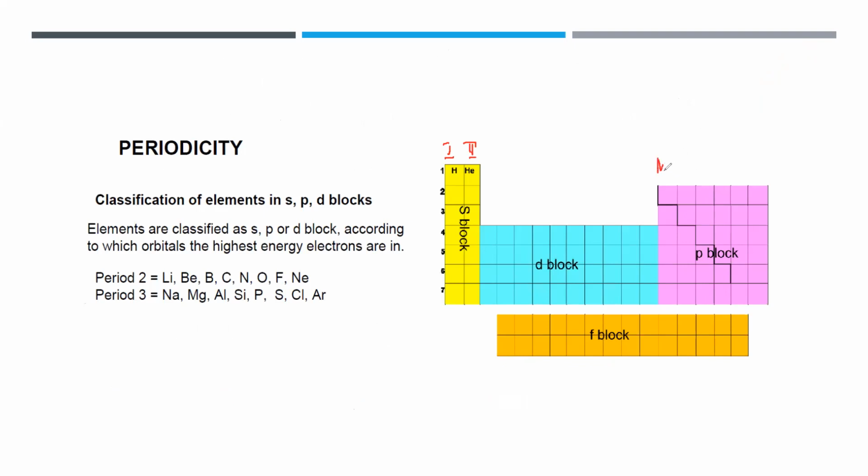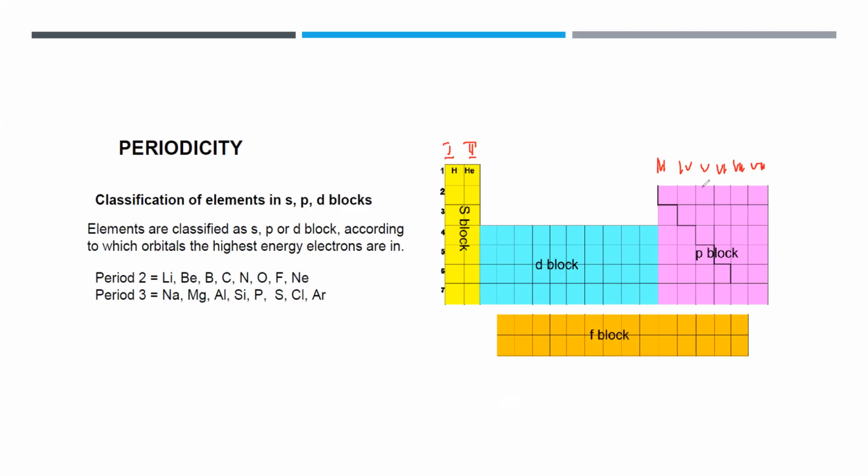Groups 3, 4, 5, 6, 7, and 8 are known as p block elements because whenever we write the electronic configuration, the last shell electron is in the p orbital.